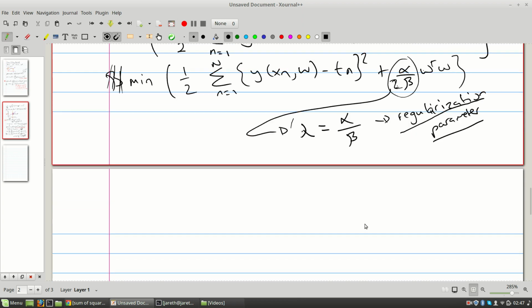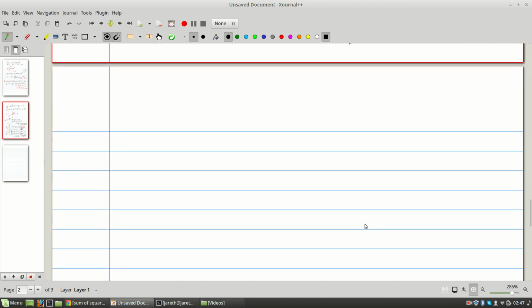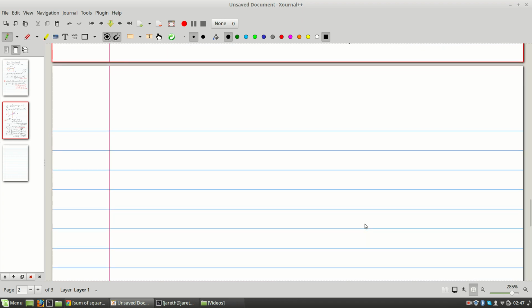But we're still making a point estimate for W, so we are not actually giving this a full Bayesian treatment. So the question is, how would we go about doing that?